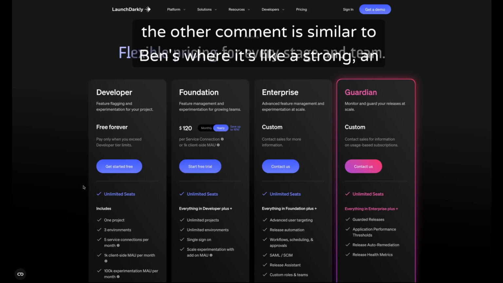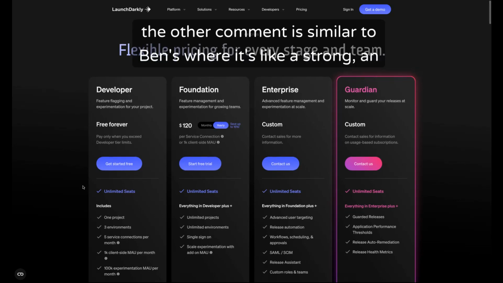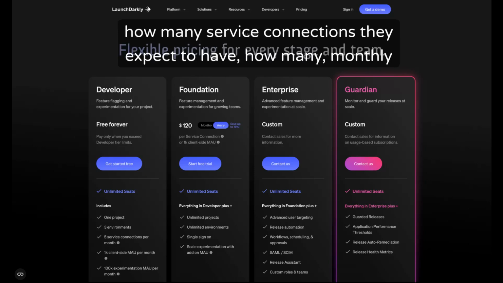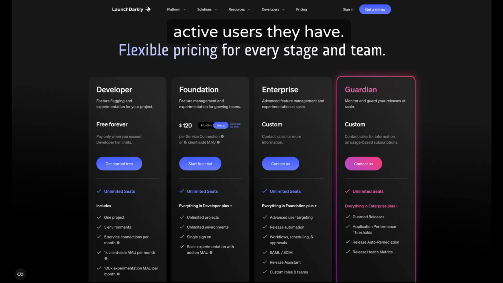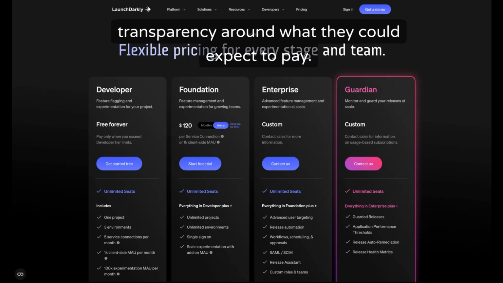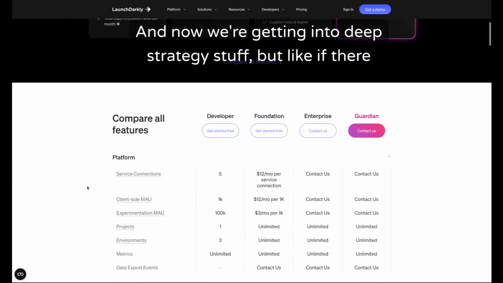The other comment is similar to Ben's, where an addition you could make here is give people the ability to toggle how many service connections they expect to have, how many monthly active users they have, use sensible defaults on that toggle, give people more transparency around what they could expect to pay.